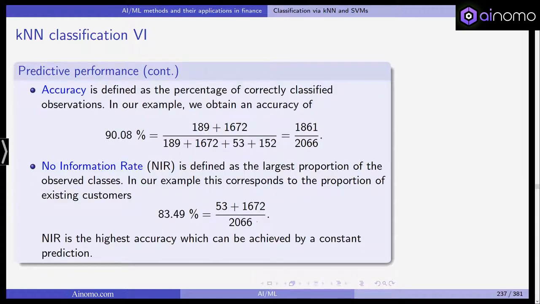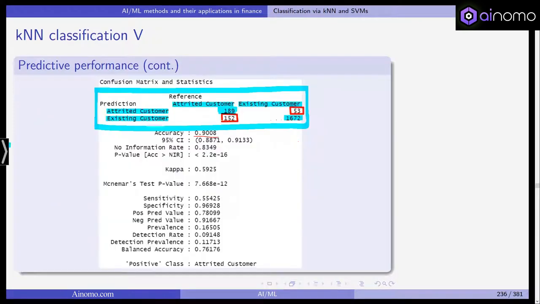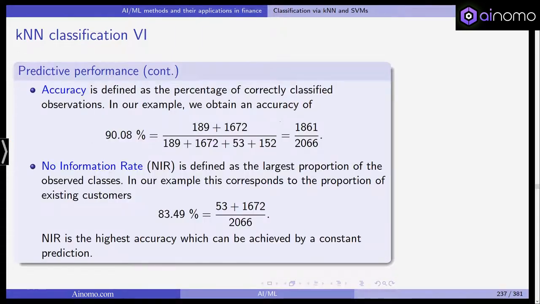Accuracy is defined very simply as the percentage of correctly classified observations, and in our example we have 189 plus 1,672 divided by the total number of observations, which is 189, 1,672, and those that were erroneously attributed to one of the two classes, and thus we get an accuracy of 90%.